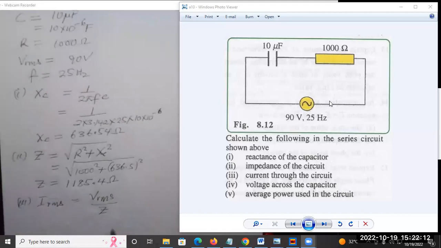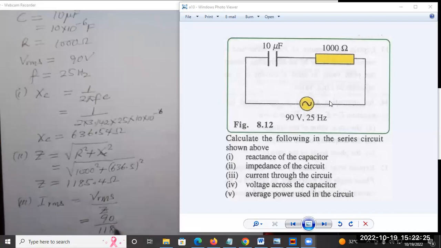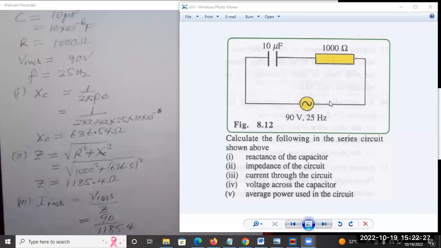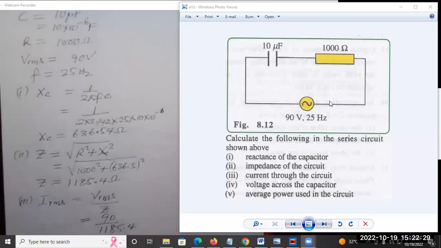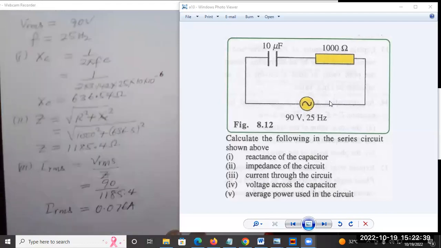Now, if we substitute the values, the root mean square voltage is given as 90, the impedance calculated as 1185.4. Using a calculator, that will give us 0.076 ampere. That is the current flow.